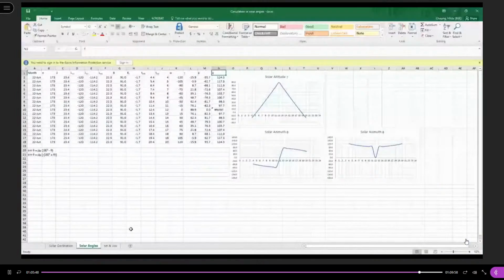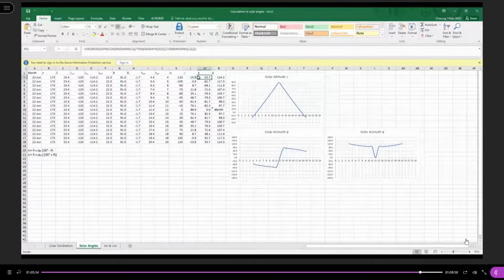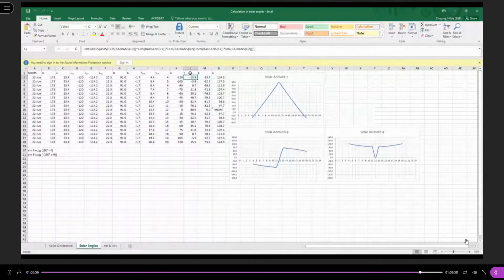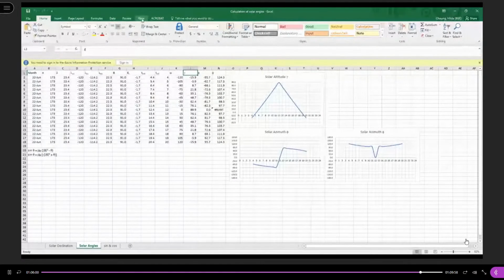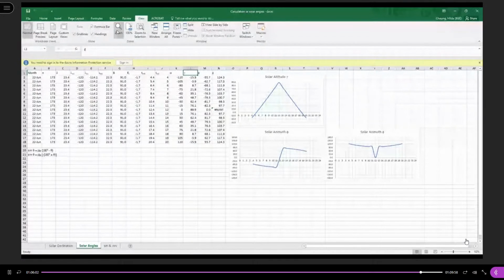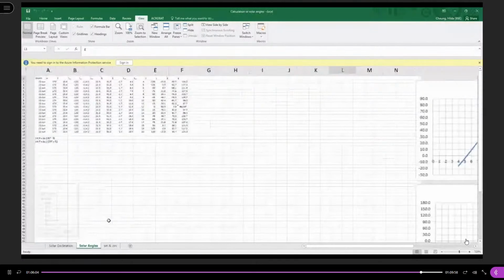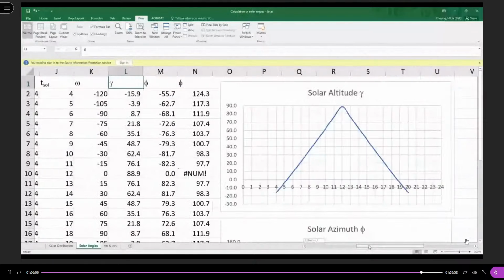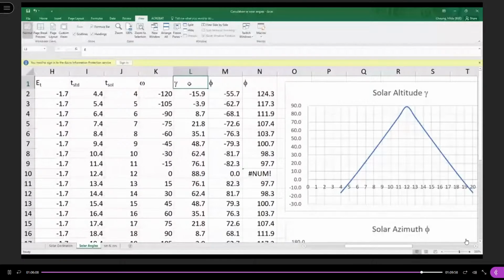I want to show you once again the Excel file. In this Excel file, in the tab solar angles, I have input the equations for calculating the solar altitude and the solar azimuth.